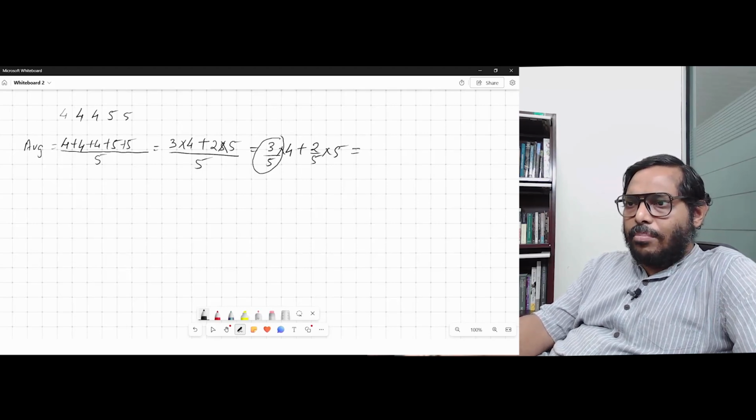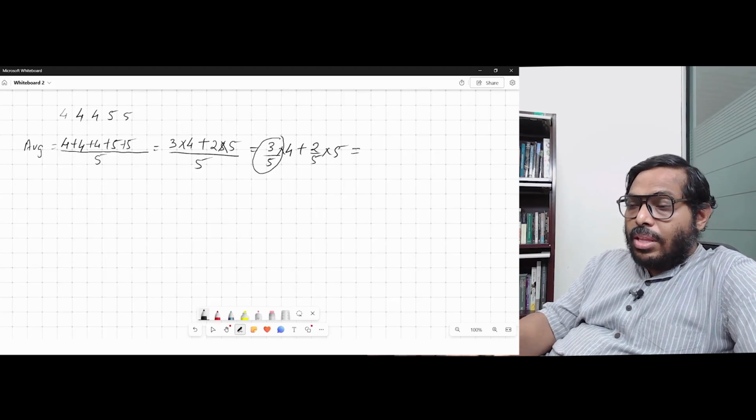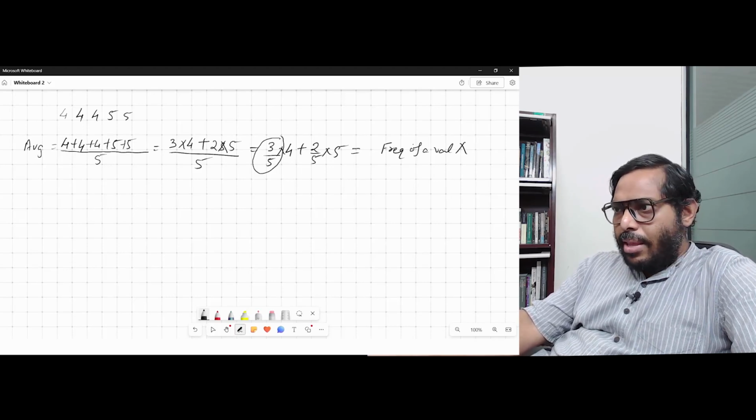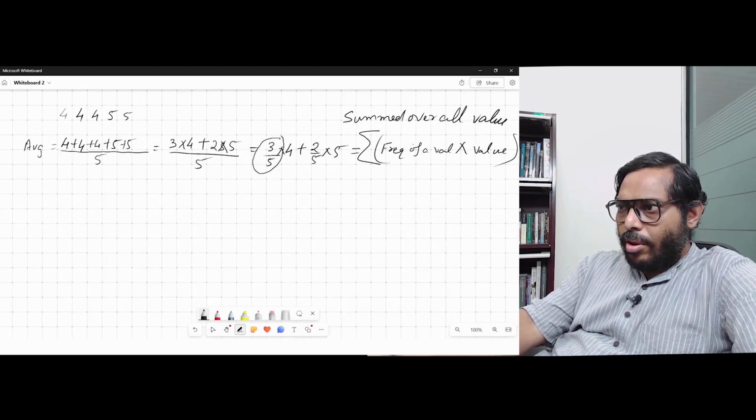In other words, 3 by 5 is the frequency of 4, and similarly 2 by 5 is the frequency of 5. Therefore, I can write this as the frequency of a value multiplied by that value itself, and then this entire thing, this is the summation sign, summed over all values, right?